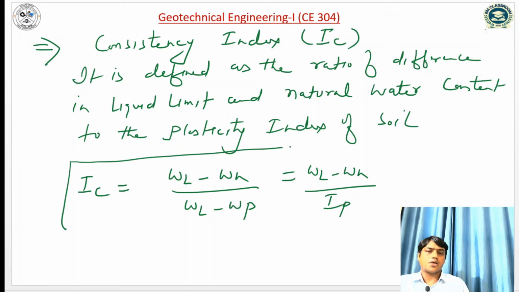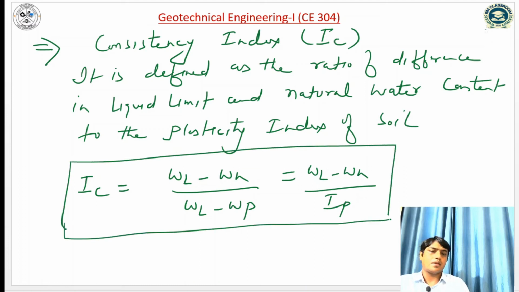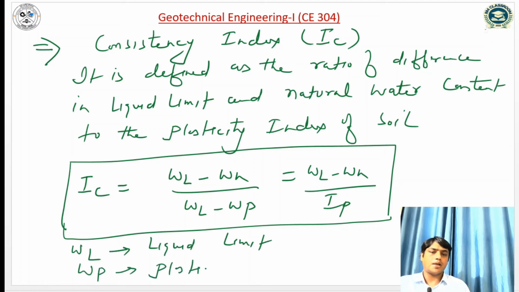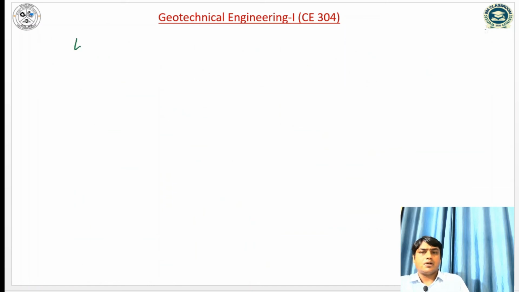So this is the expression of consistency index, where IC is the consistency index, WL is the liquid limit, WP is the plastic limit, WN is the moisture content at natural state, and IP is the plasticity index.